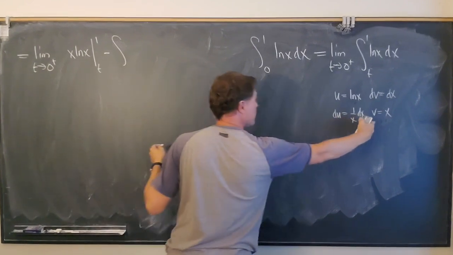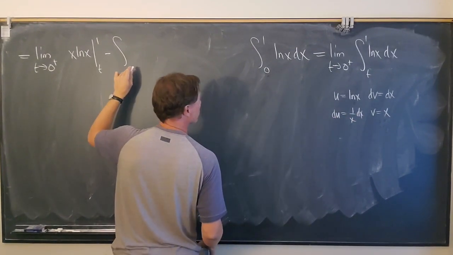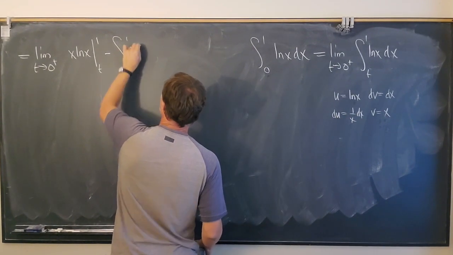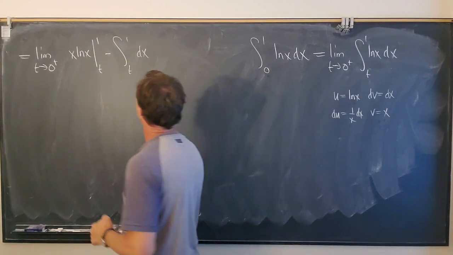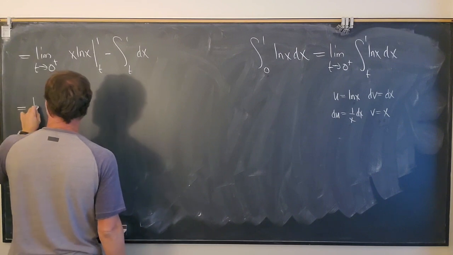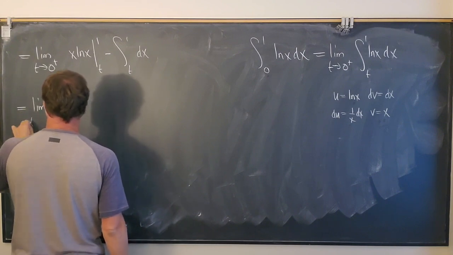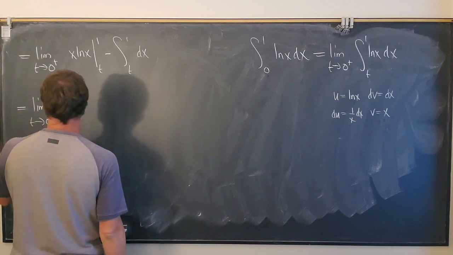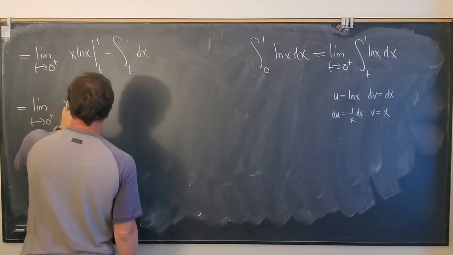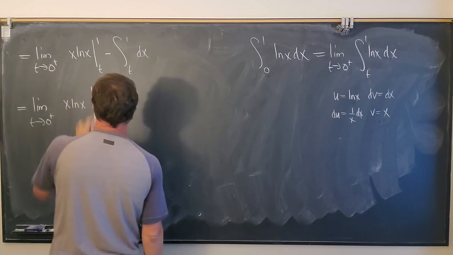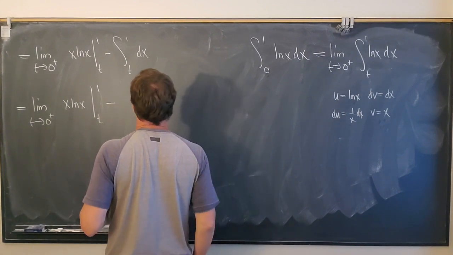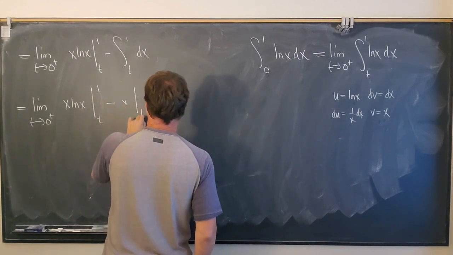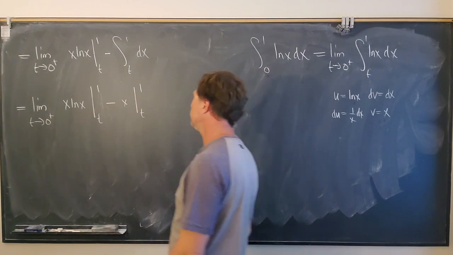So v times du will just give us a dx. So this will be t to 1 dx. Let's get that last integral out of the way. So this is the limit as t goes to 0 of x natural log of x, evaluated from t to 1, minus x going from t to 1.